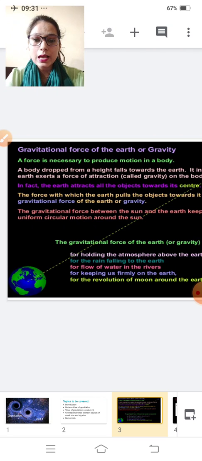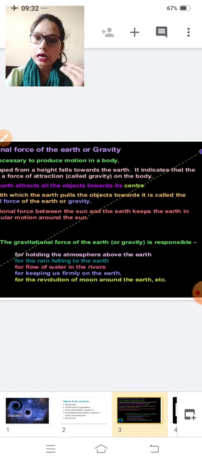For example, a body dropped from a height falls towards the earth, like a leaf. If you throw a ball from some height, it comes down towards the earth. Why does it come only down? Why does it not go up?